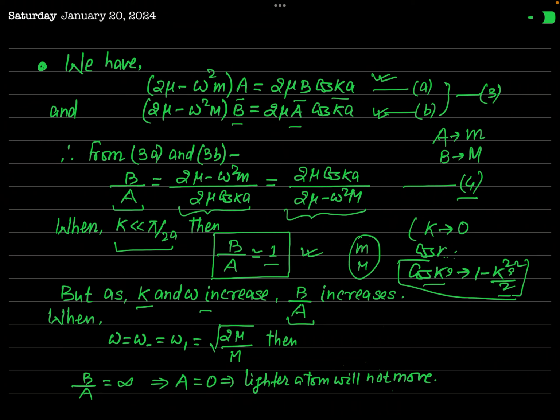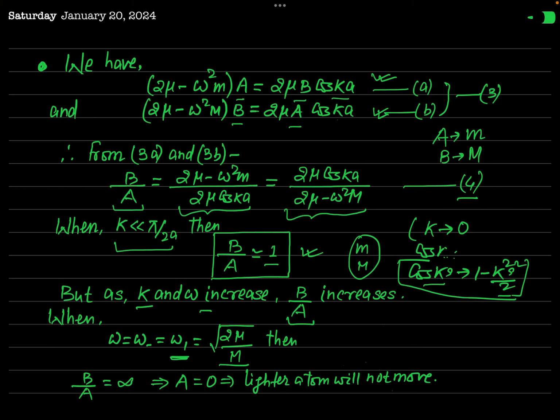Now you have seen that the highest value of omega minus, denoted by the symbol omega 1, is equal to this much. When omega minus is at its highest value, what will be b over a?